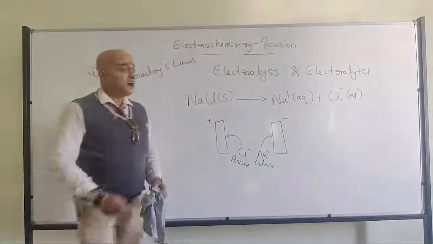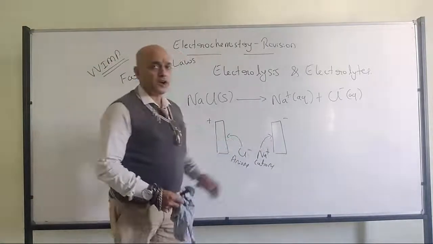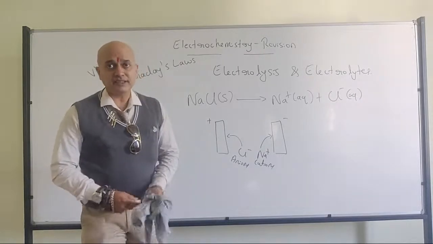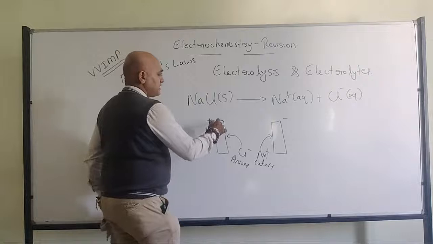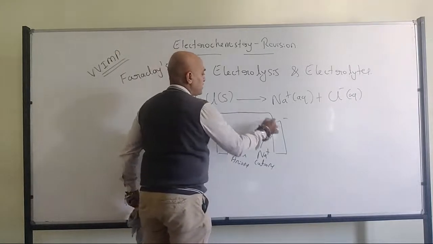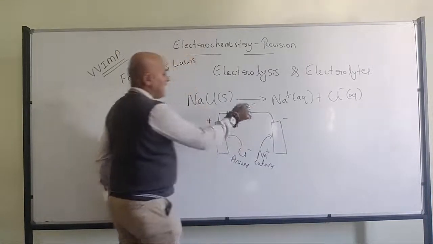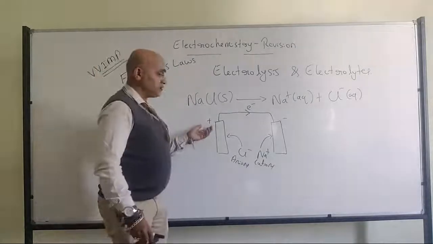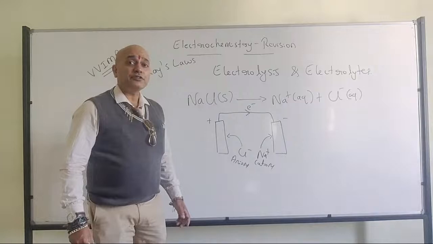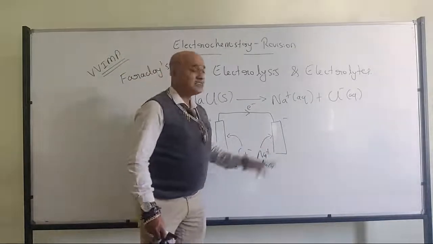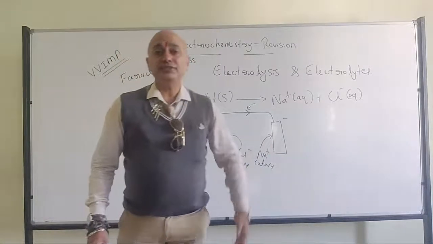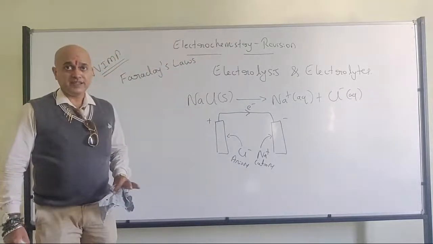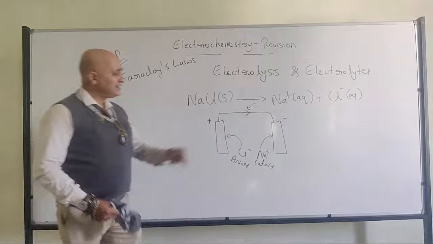Okay? Now, based on this phenomenon, there will be exchange of electrons. What we assume here is, since electrons are moving away from the anode, we will consider the anode as positive. And since electrons are moving towards the cathode, we will consider the cathode as negative. All of you have understood why this will happen?